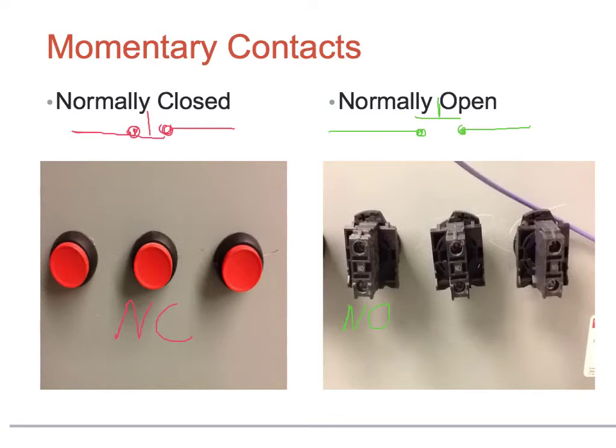So the first thing we have to discuss here is this term called momentary contacts, and basically a momentary contact means that the contact is either open or closed in its normal state. However, when you act on that normal state, for example, you push that button down, what happens to the closed contact?